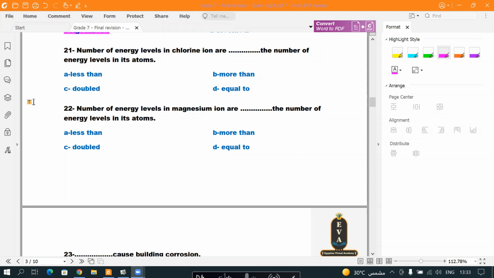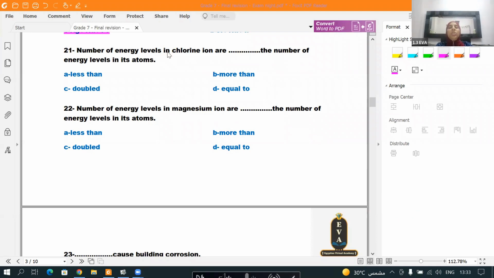The number of energy levels in the chlorine ion is more than the number of energy levels in its atom. Are you sure of this answer?